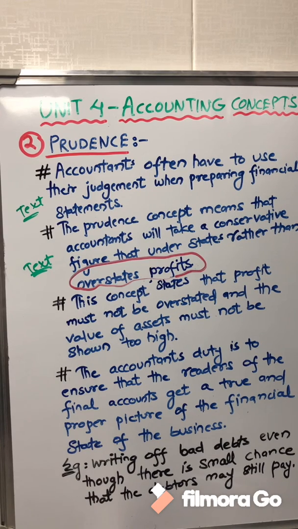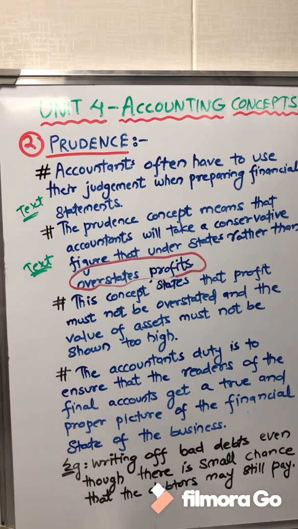The readers, as discussed earlier, can be investors, consumers, even the owner of the company, or the employees of the company. Whoever the reader is, they have to get the true and fair view. So what this means is: don't overstate the profit and don't understate the losses.